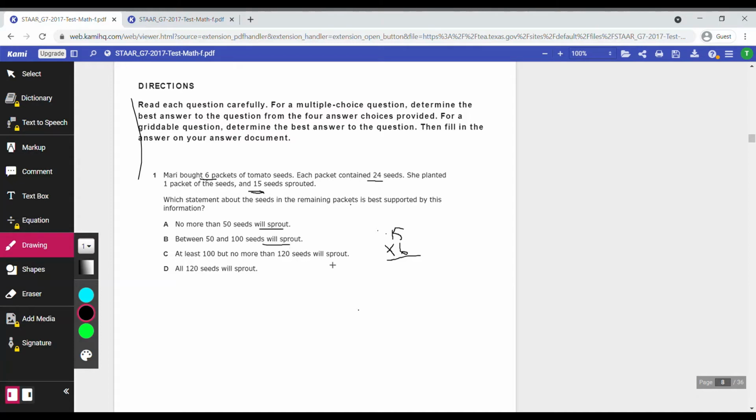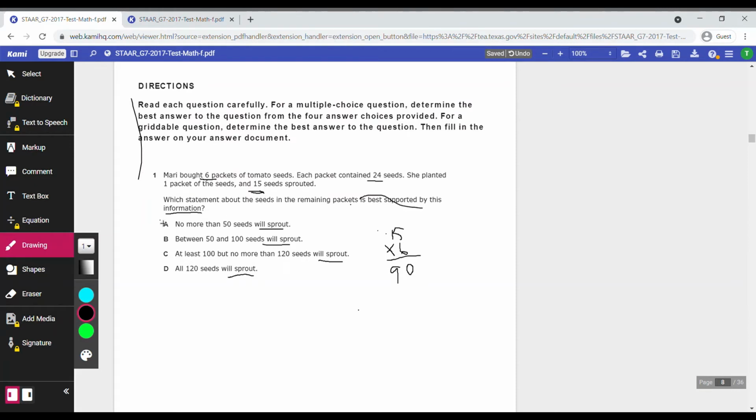The question says which is best supported. So we have to find out how many seeds will sprout. We know that 90 seeds will sprout. So we go through the choices.